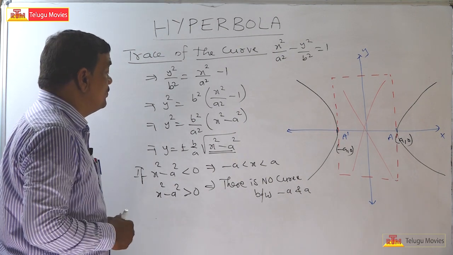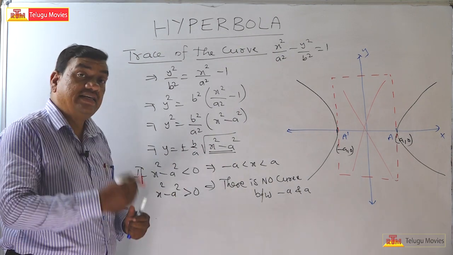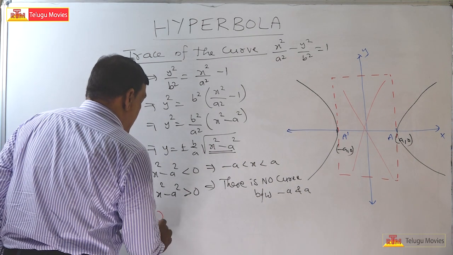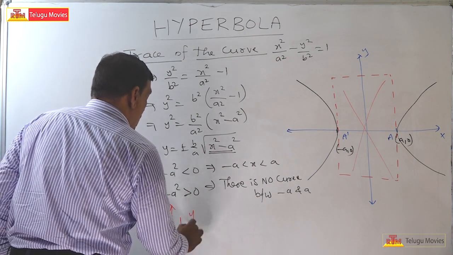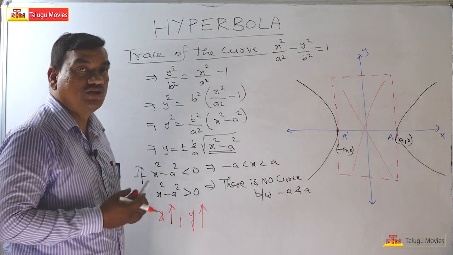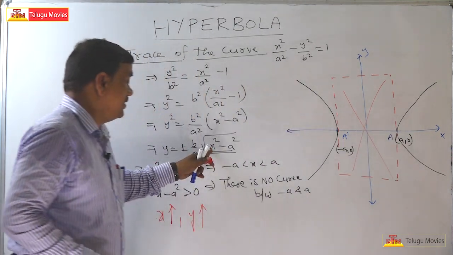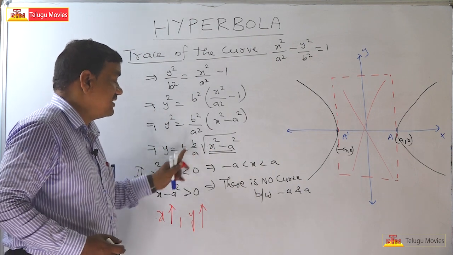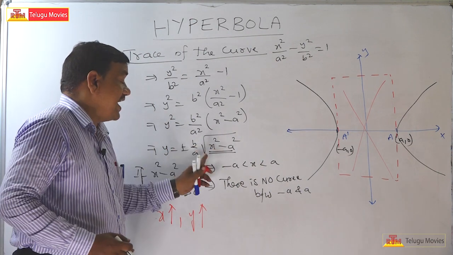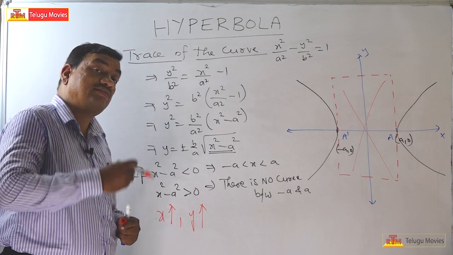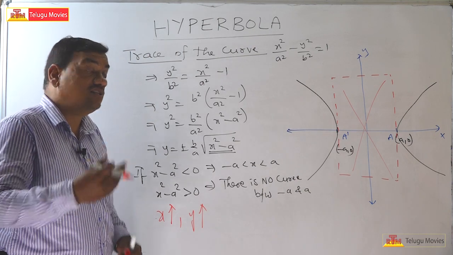Right. So if you see here, as x value increases, automatically y value also increases. See here, in this equation, y is equal to plus or minus b by a root of x square minus a square, as x value increases, y value is also increasing.